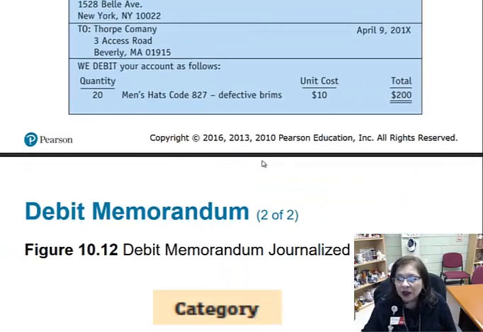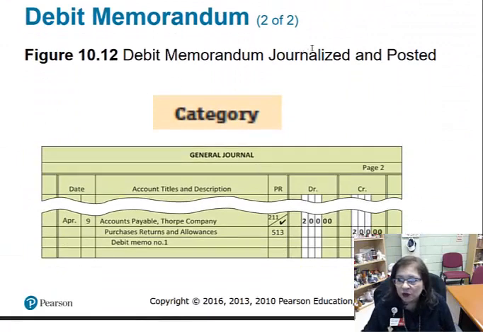So what we do then is we journalize it by saying this. Accounts payable from the Thorpe Company. The reason that this is torn up that way is because now this is April 9th. Other things have gone on before the 9th. We're just showing now what's happening here with the Thorpe Company.